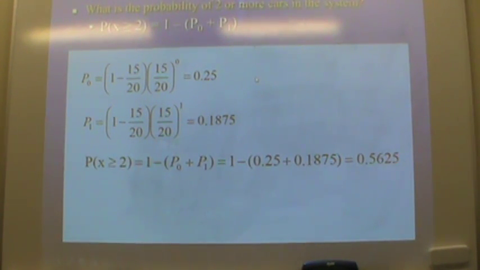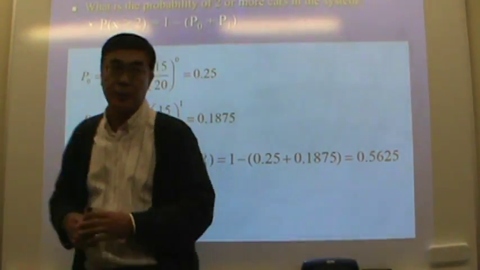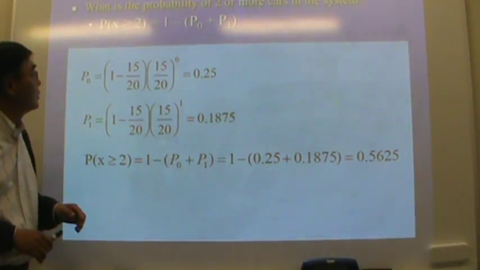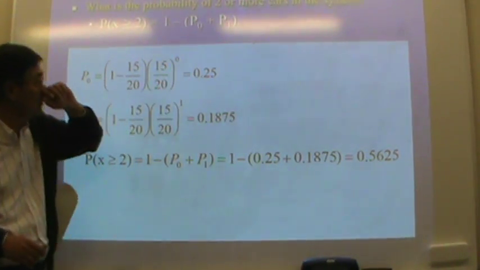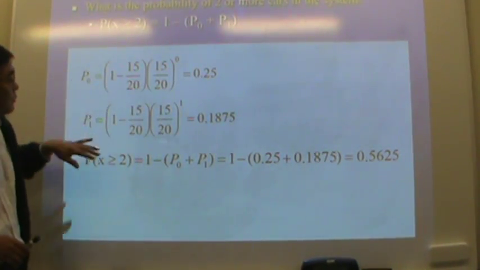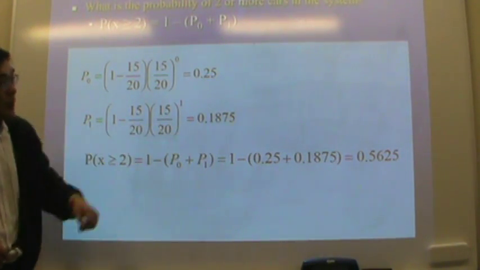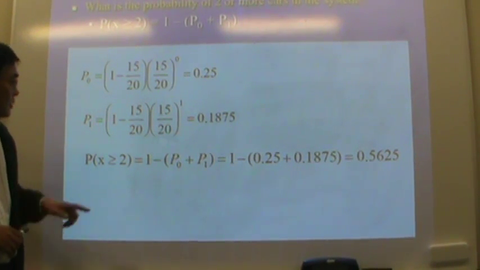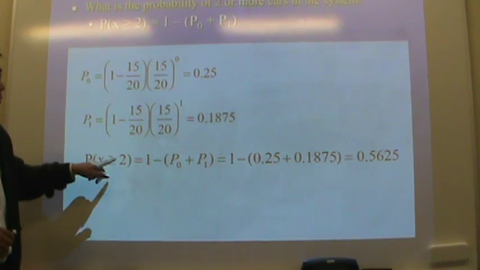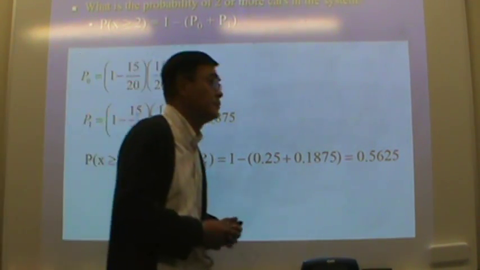And if we ask for 2 or more, then usually it is 1 minus P0, P1. We need P0 and P1, so 1 minus P0, P1 equals 0.5625, so 56.25% for 2 or more customers in the system.